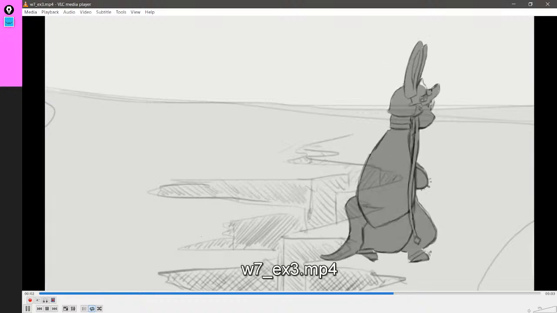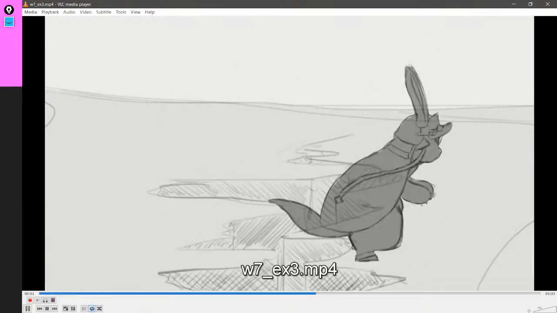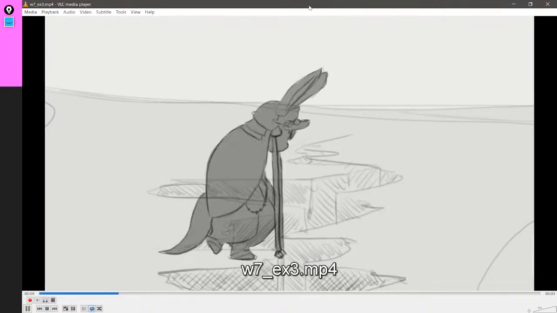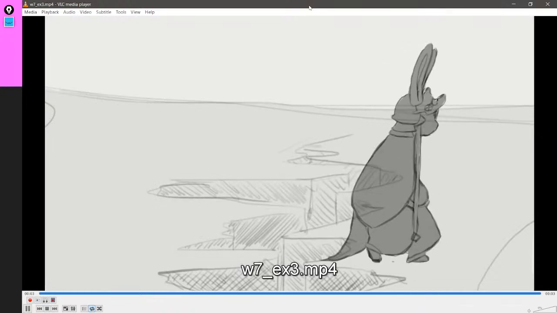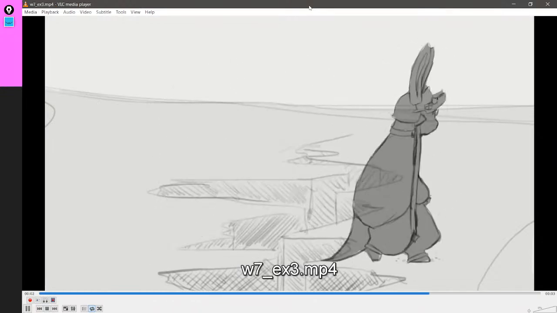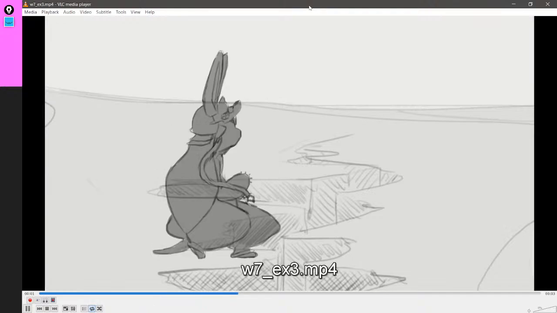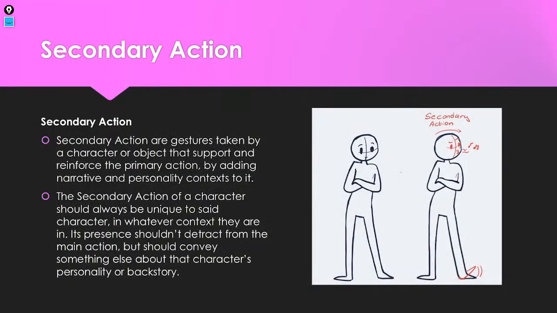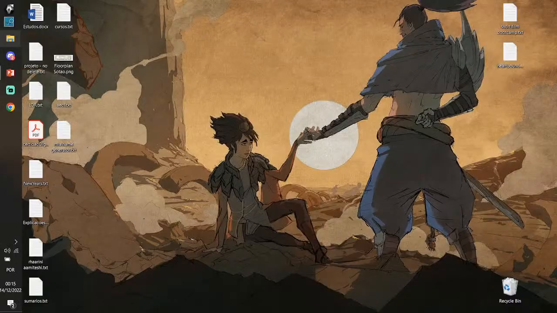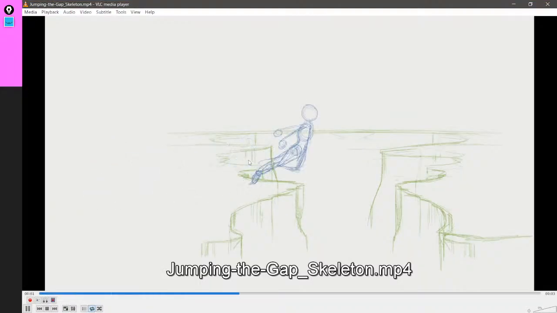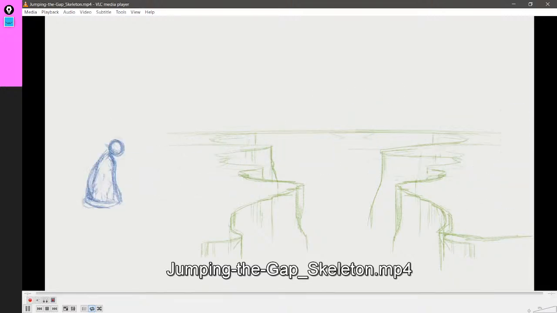On the other hand, when the character puts their hands forward, or when Vintage's character flails their arms around, that is characterization. That is what the character would do in that particular situation. It's not dependent on the main action, but it reinforces and recontextualizes it. Someone that would do this jump and wouldn't flail their arms around is a different person from a person that would do this jump and flail their arms around.